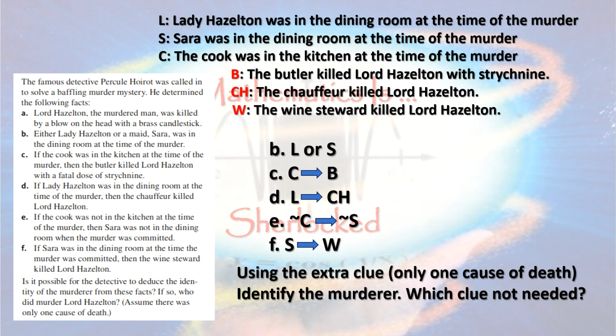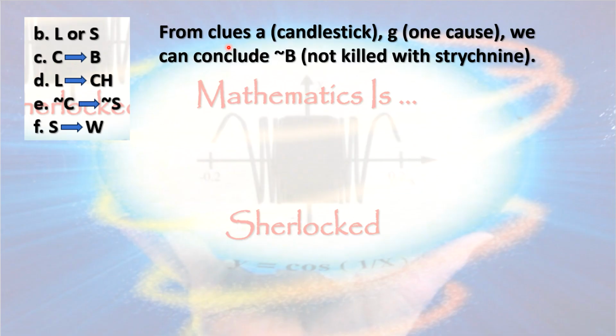Here is one solution. From clues A and G, we know that the cause of death was not strychnine. Only one cause of death, and he was killed by a blow on the head with a brass candlestick.